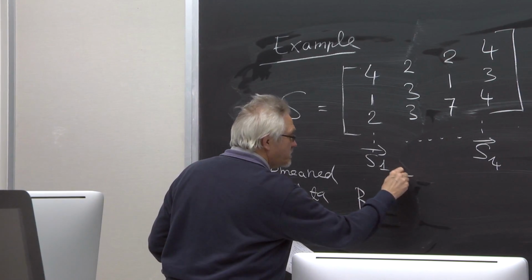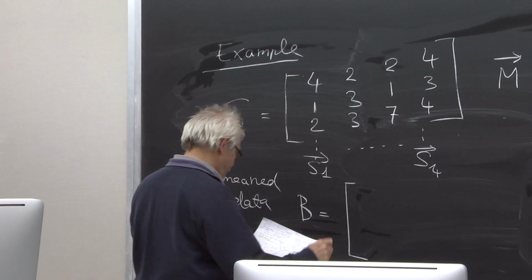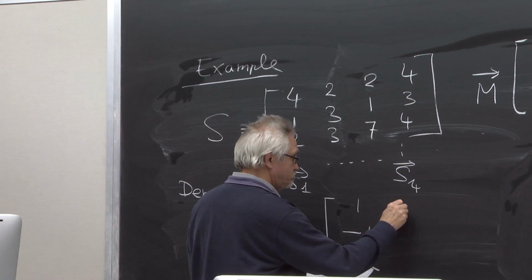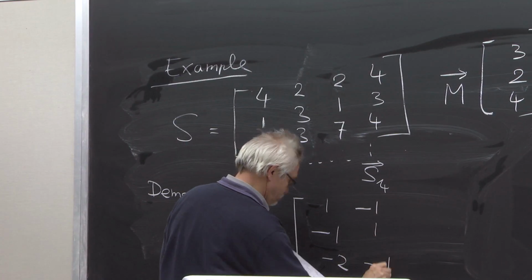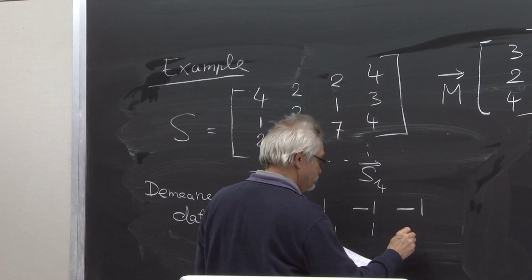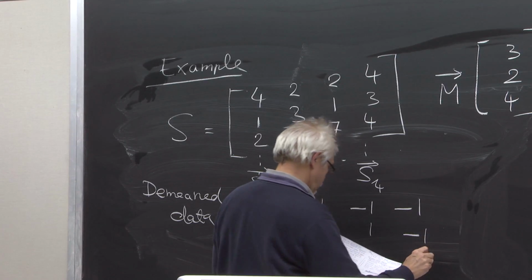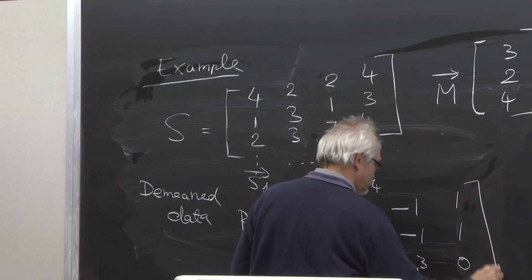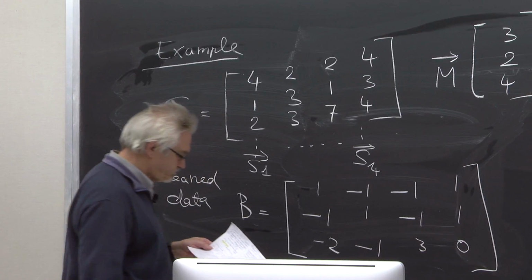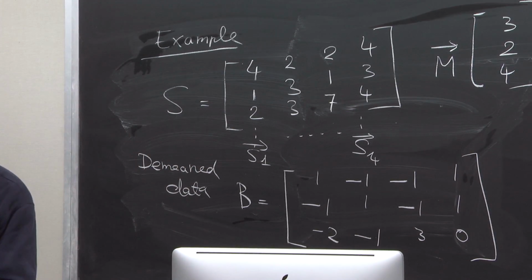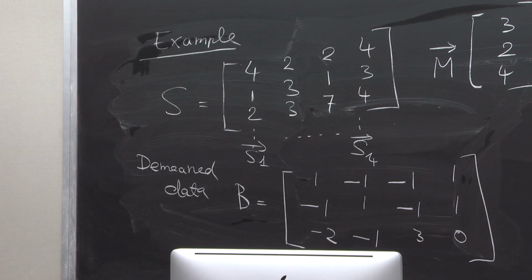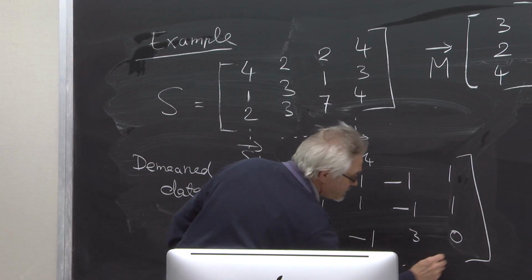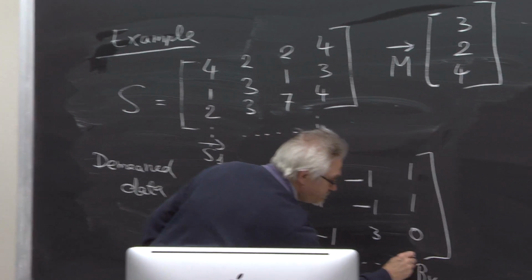And let's call that the demeaned matrix B. So you can see here I have my demeaned observation B1 up to my demeaned observation B4.